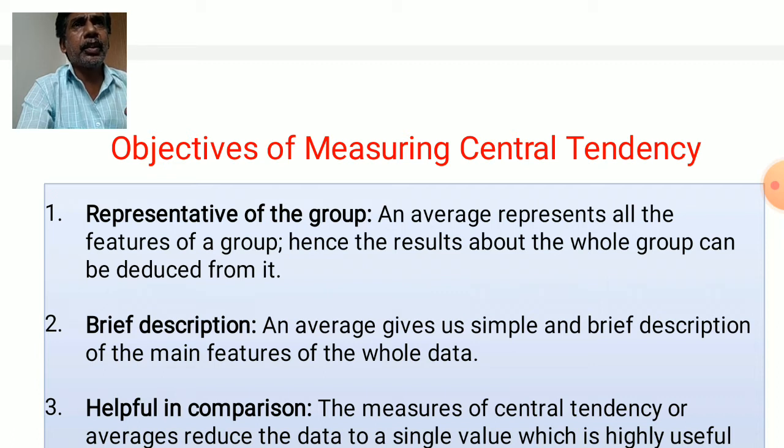That mass of data should be reduced by calculating averages, because in order to understand and analyze that data, we have to reduce that mass of figures through statistical tools and techniques like averages.